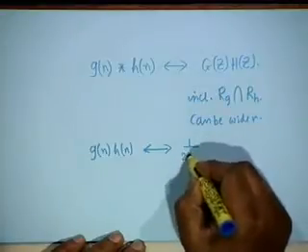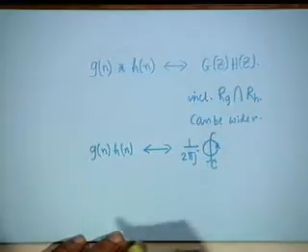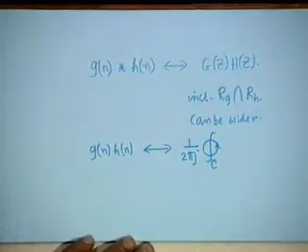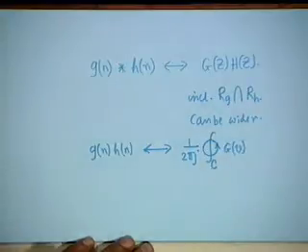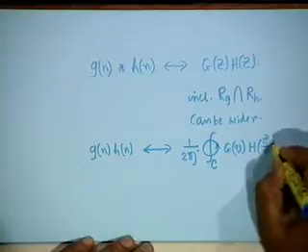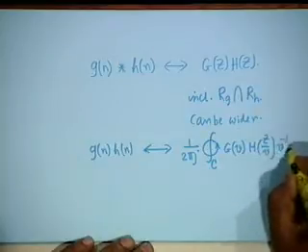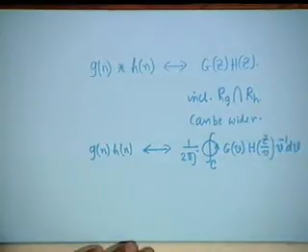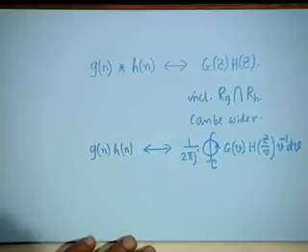The corresponding Z transform is 1 by 2 pi j contour integral over some contour C of G of v, some dummy variable, H of z by v, v inverse dv. This is the formula for modulation, and I strongly urge you to prove each of these columns in the table.